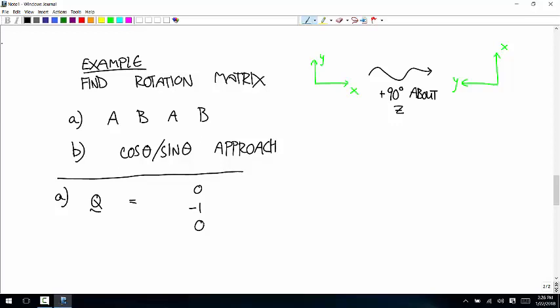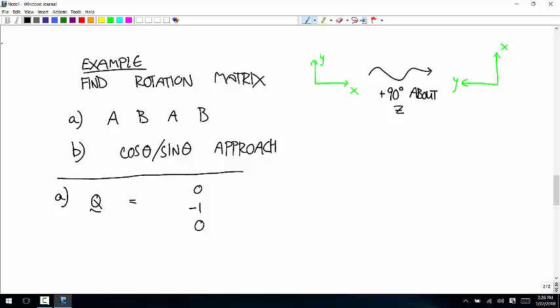Each one of these coordinate axes is a unit vector, and we're just going to take that unit vector and figure out what its components are using this as a coordinate system. So this one has 0x, -1y, 0z.